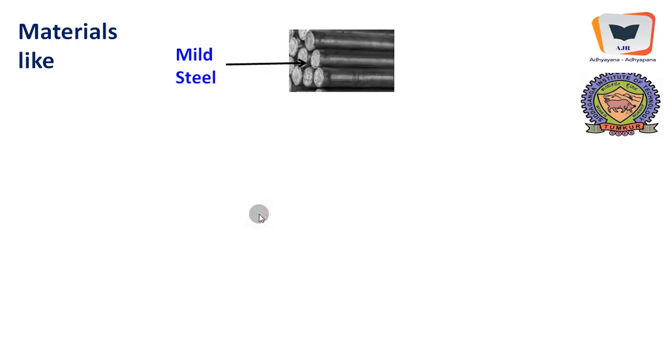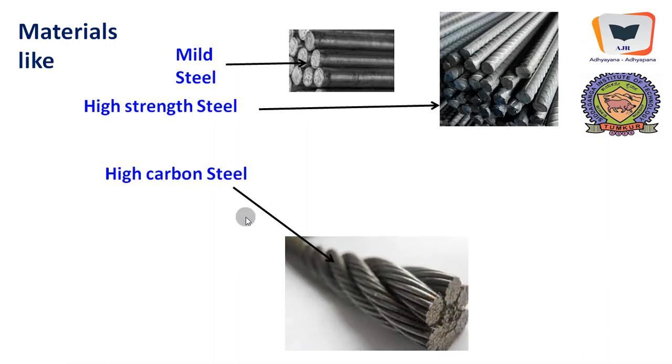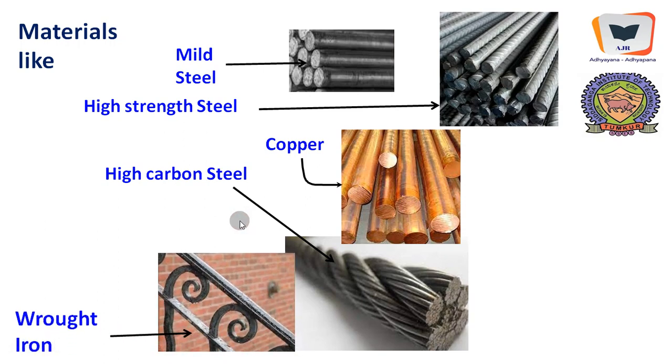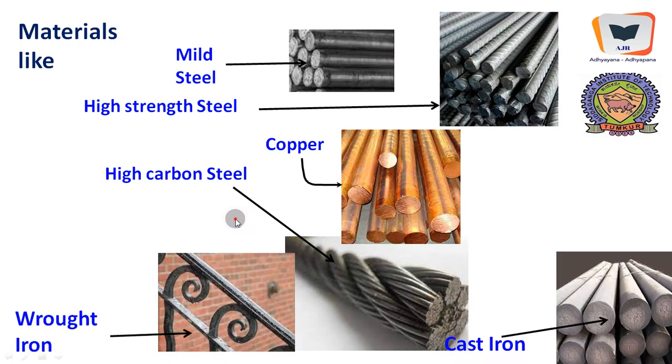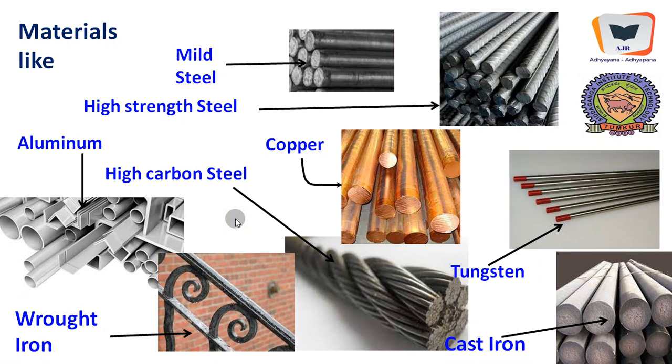Whenever materials like mild steel, high strength steel, high carbon steel, copper, wrought iron, cast iron, tungsten and aluminium are subjected to an axially increasing load, they will reach various levels of stresses, that is, various levels of resistances built up in them depending upon the material.